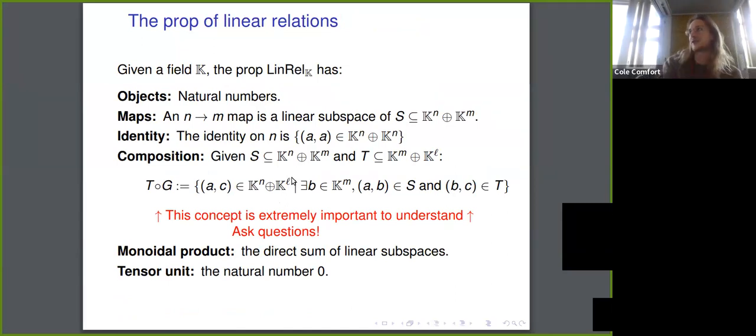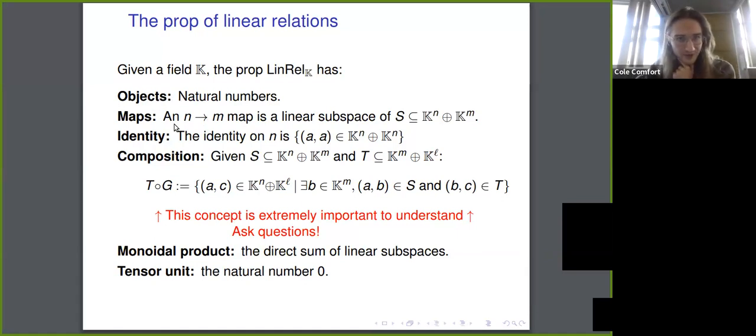A linear transformation takes a vector and produces another vector. But for our purposes, we need something that is not functional, but more relational. So it takes a vector and maybe doesn't produce one vector, but could produce many different vectors. And this is encapsulated by this prop.